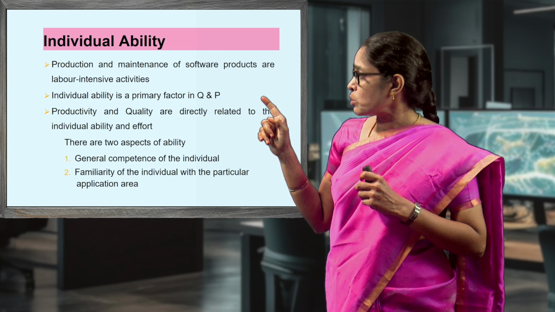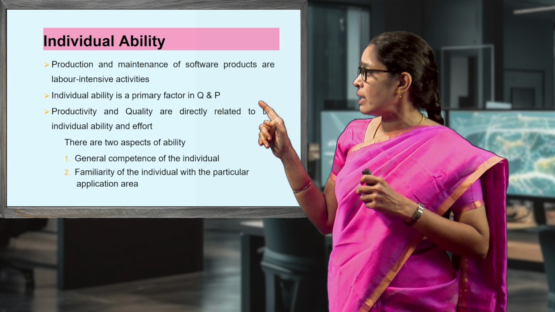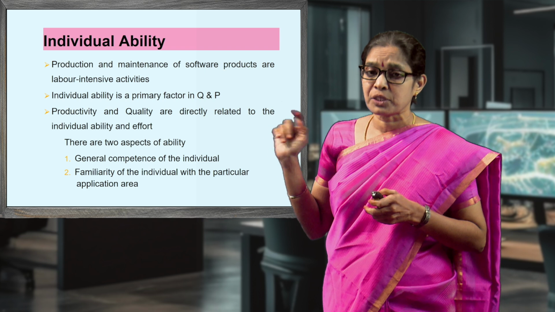The next is familiarity of the individual with the particular application area. If there is any lagging in familiarity with the application area, the software project will have lower productivity and poor quality.